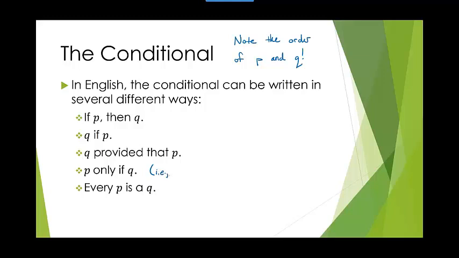So maybe a brief explanation of this one. P only if Q means that P is true only when Q is true. In other words, if Q is false, that means that P must be false.